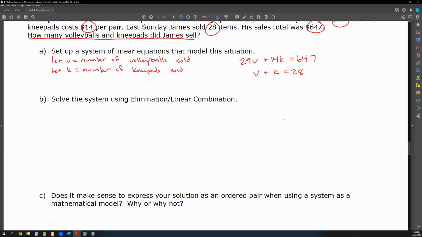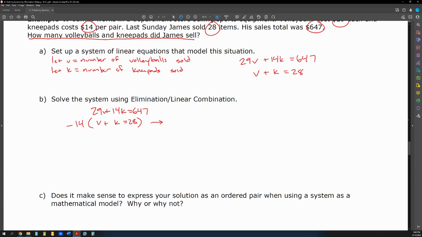To solve this system, I'm just going to rewrite it down here in part B. And we want to solve this using the elimination method. So 29v plus 14k is equal to 647, and v plus k is equal to 28. In order to solve this, I'm going to multiply the bottom equation by negative 14. Now I'm choosing negative 14 because I want those k's to cancel out. I also am multiplying by negative because I want them to be opposite signs.